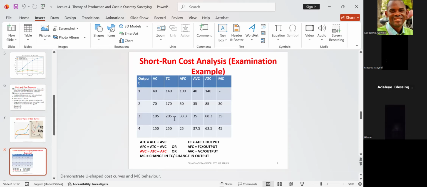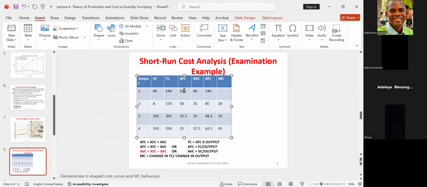But what I wanted to say quickly is that you cannot get your variable cost directly from here. So let me look at what I'm doing. I'm removing 70. Now, if I put A here and I ask you to calculate that A, you cannot calculate this A if you do not have another column for fixed cost.